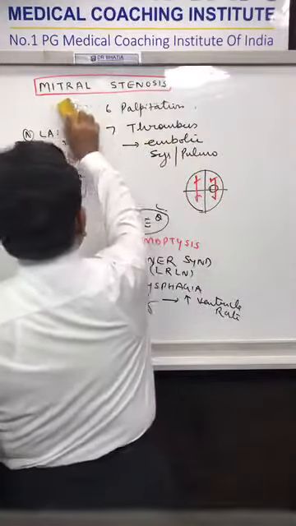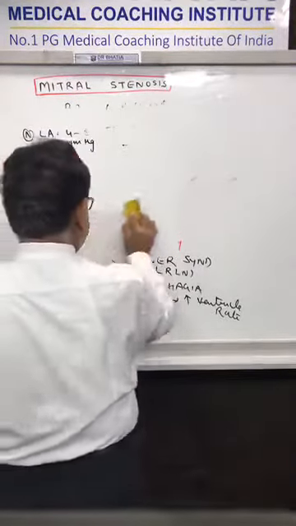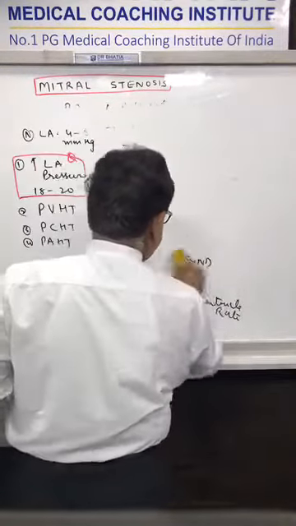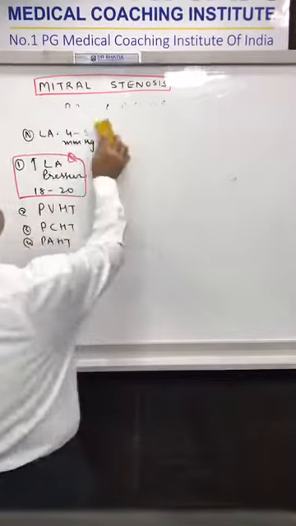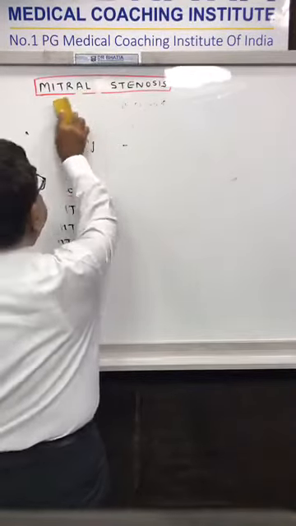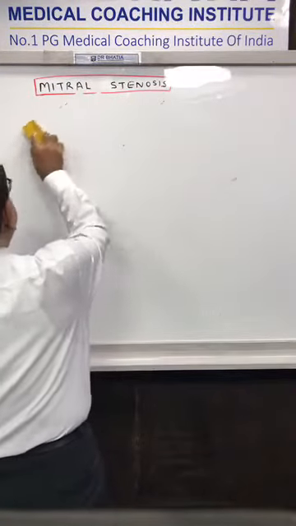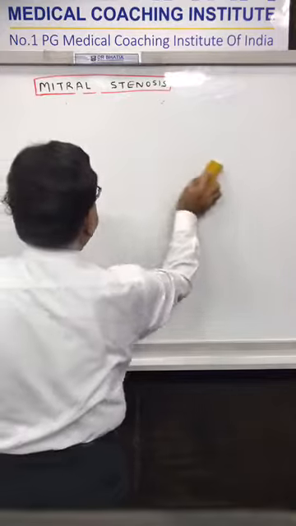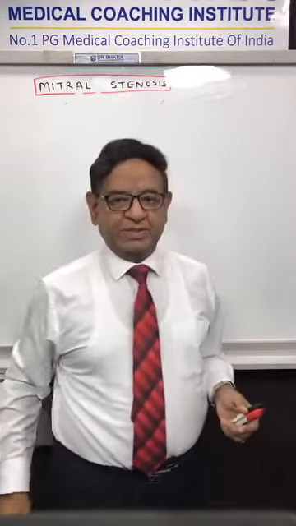What is going to happen in these patients? So now let's see what are the causes of mitral stenosis. I have asked you the question, in what percentage of cases in the pediatric age group do you see mitral stenosis? And my answer was it is almost 0%. Why?